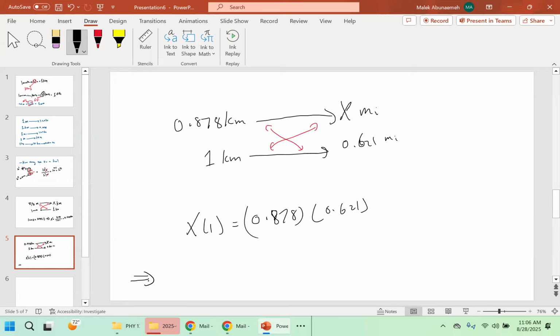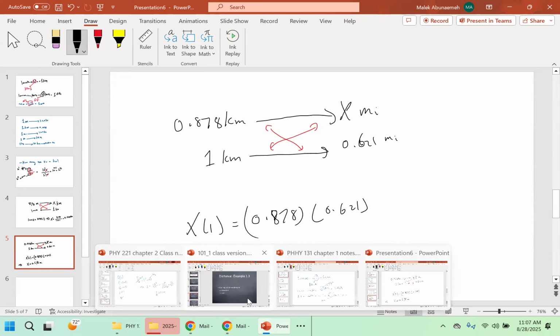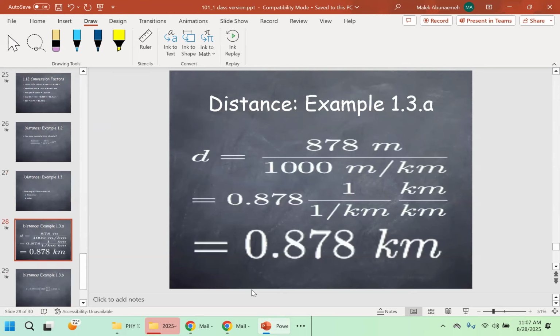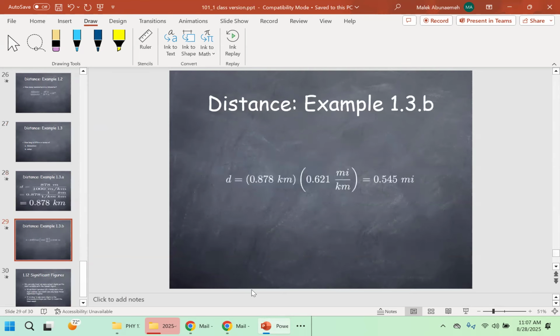So therefore, x is going to equal 0.545 miles. Let's go ahead and check our answer. Yep, we got 0.878 kilometers, which is going to be 0.545 miles.